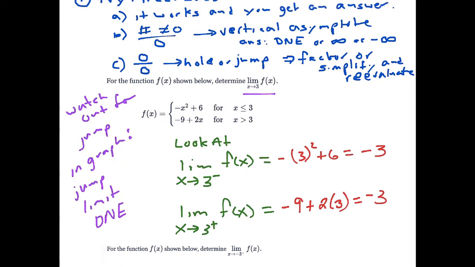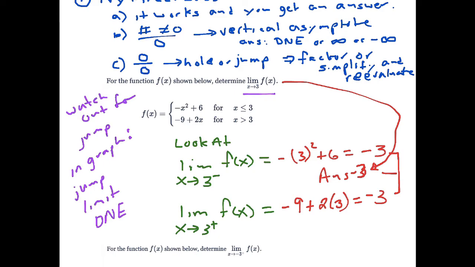Since these two things are the same, the answer to this equation is negative 3, because the left side and the right side agree.